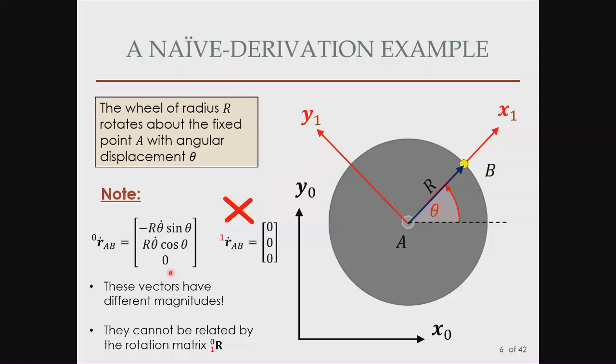We are searching for the absolute linear velocity of point B, and we would like to express that velocity vector in frame 1, that is along the axes x1, y1, z1. Right now you can get it by multiplying this vector by the rotation matrix from 0 to 1, right? But I want to get it directly from RAB.